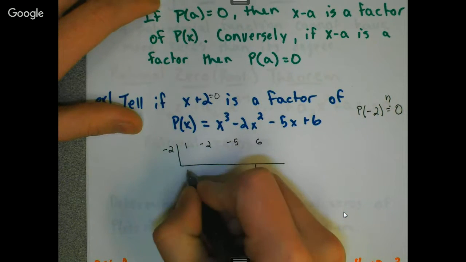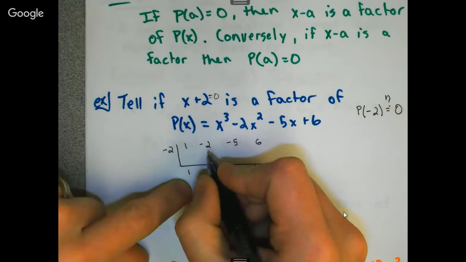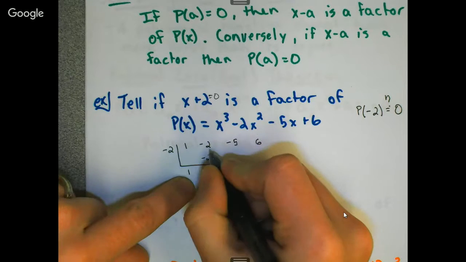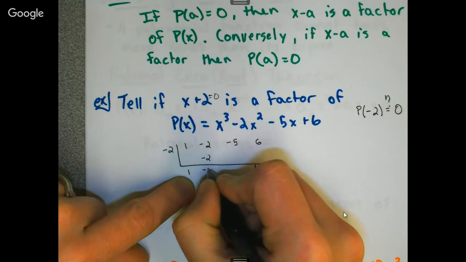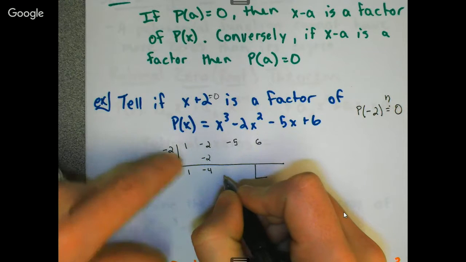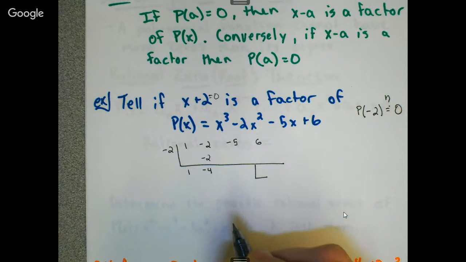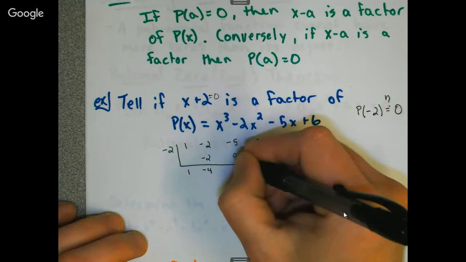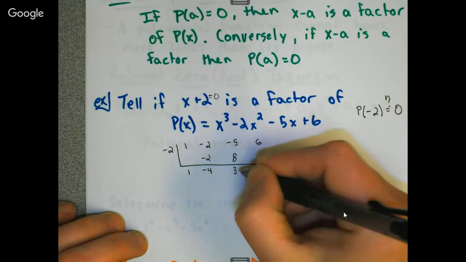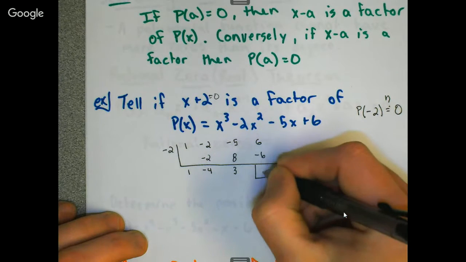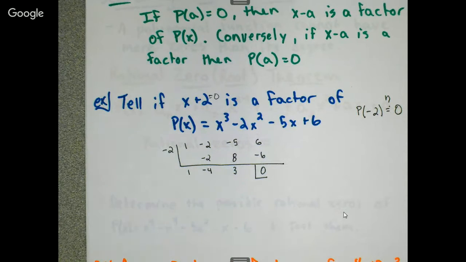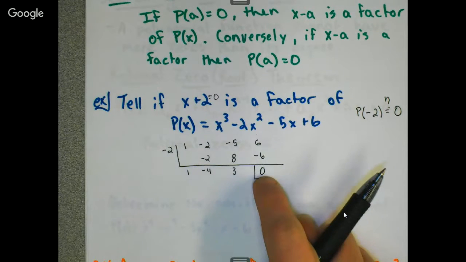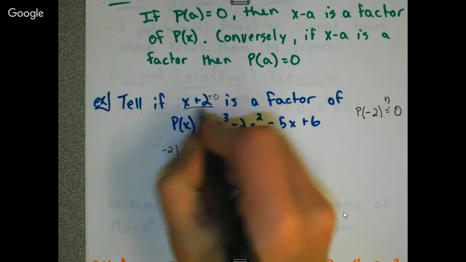I bring down the 1, take -2 times 1, I get -2. I add those together and get -4. I multiply and get 8. I add and get 3, multiply, get -6, add, I get 0. That's great. When your remainder is 0, that tells us this is a factor.